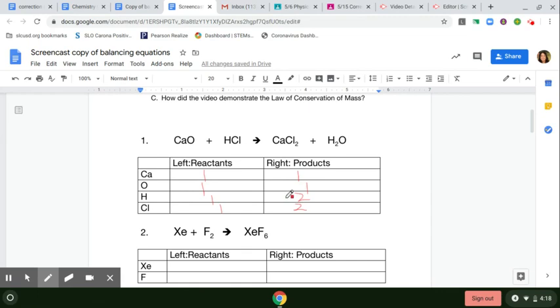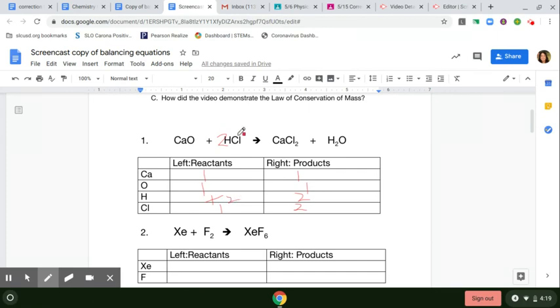And so we have to change something because we know it can't occur this way because of the law of conservation of mass. So I know that I need two hydrogens over here and two chlorines because I only have one of each. So if I put a coefficient here of 2, that 2 applies to everything behind it. So that 2 applies to my hydrogen, so that 1 now becomes a 2.